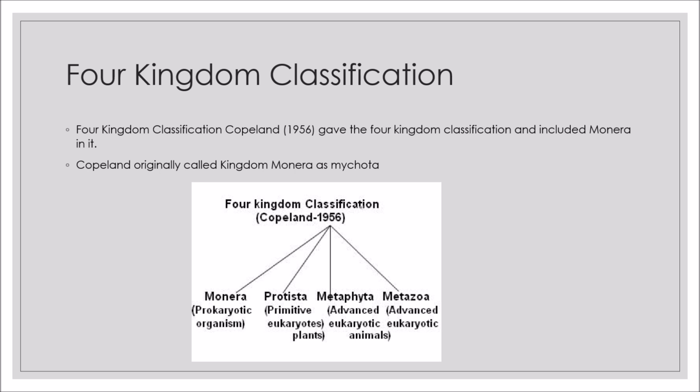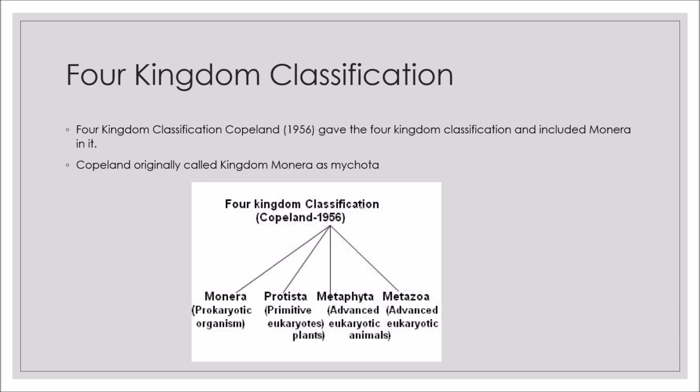Monera means all the small, not well developed organisms. They do not have well defined cell organelles. So those organisms were put under Monera. Next is Protista.